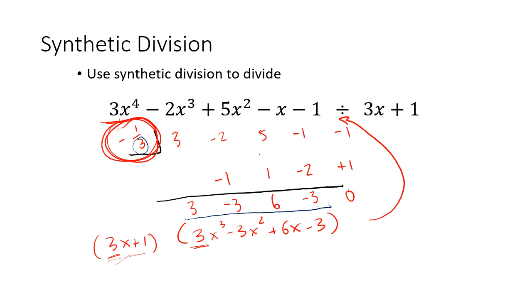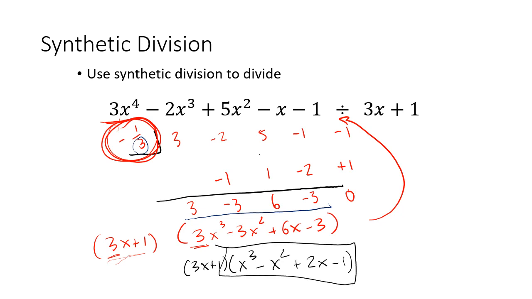And so what we really have here is that 3x plus 1 times what would now be x cubed, because I take 3 divided by 3, minus x squared plus 2x minus 1. So this was the actual quotient when I do that division. So those two things multiplied together will equal the original polynomial.